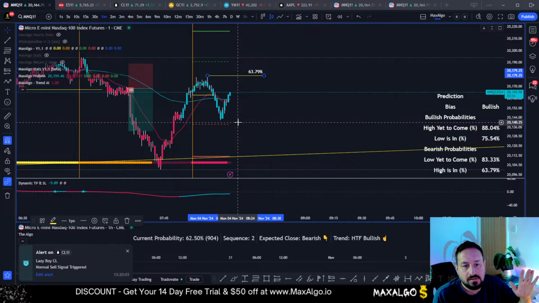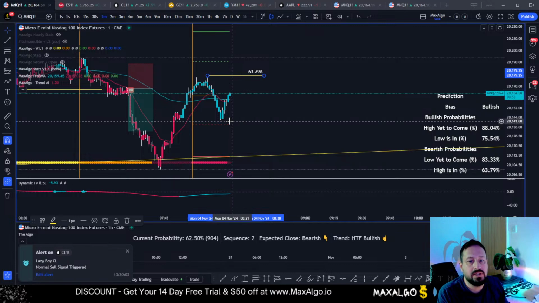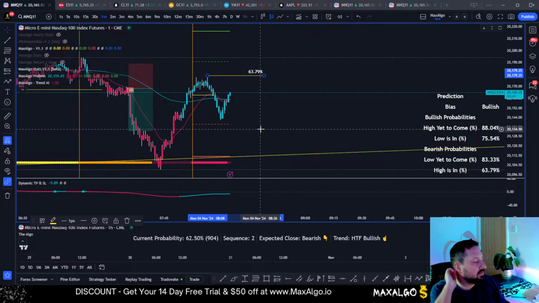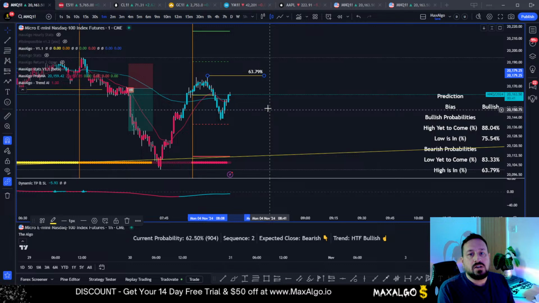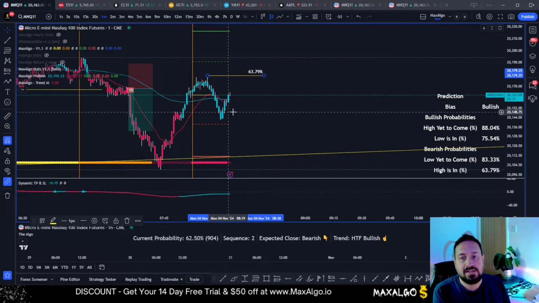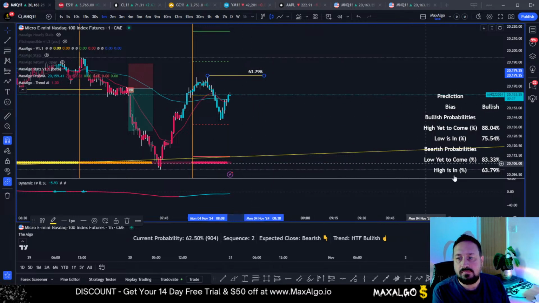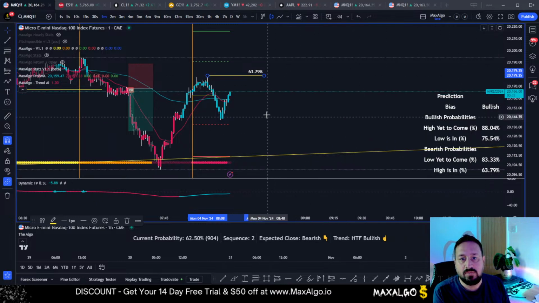Obviously, right now we're still putting together some very quick, useful data. So right now we're expecting bearish, right? 63% probability this is our high, 83% probability this is our low.